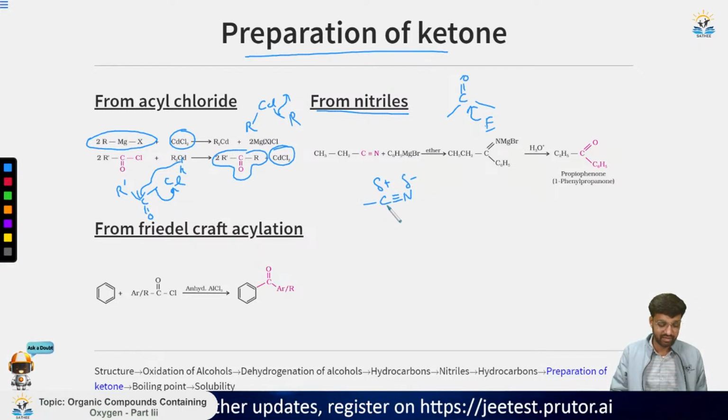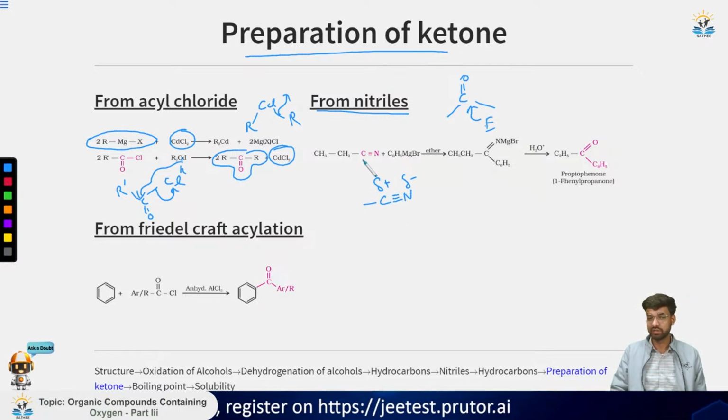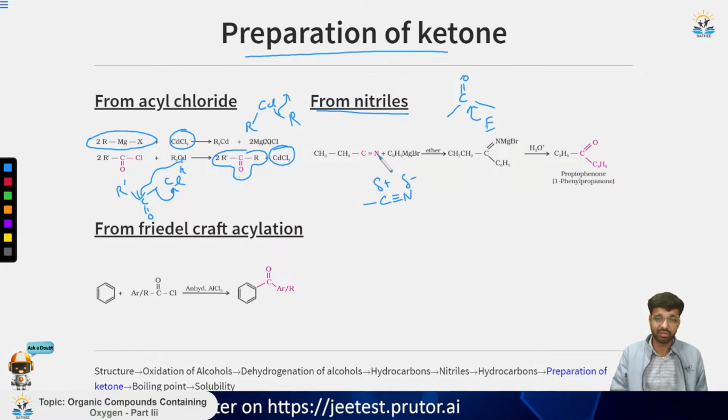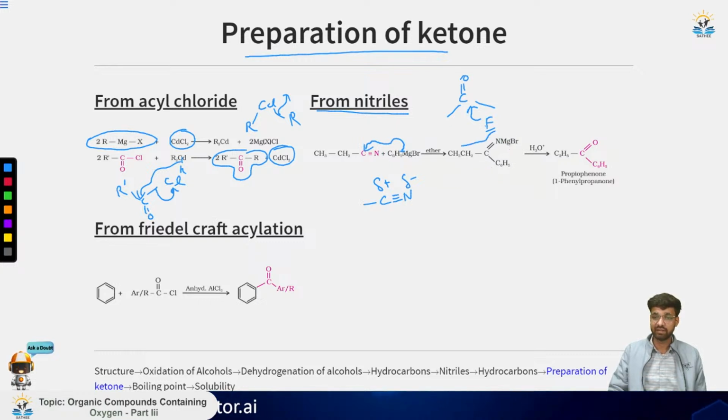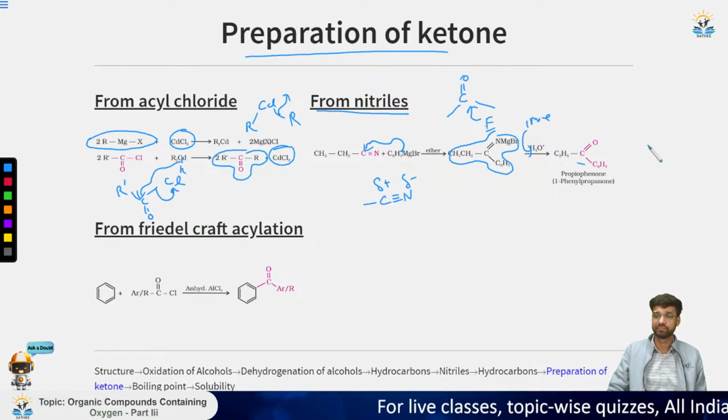So each and every time you are seeing attack on this carbon, which is attached by three bonds to nitrogen. Now this C6H5MgBr, this C6H5 will attack here similarly. We will get this kind of imine. I have told you earlier that this imine is susceptible to H3O plus. So as we introduce H3O plus to this imine, it will quickly hydrolyze and give you this ketone.